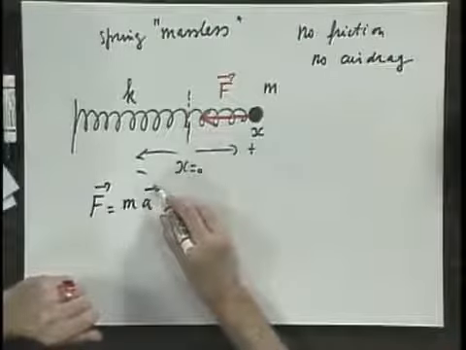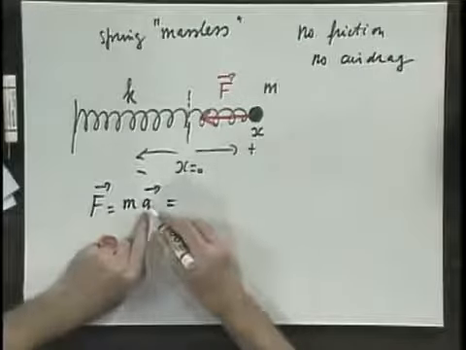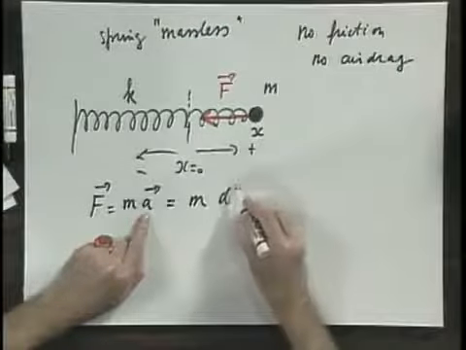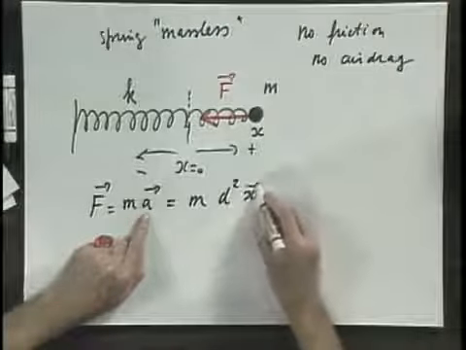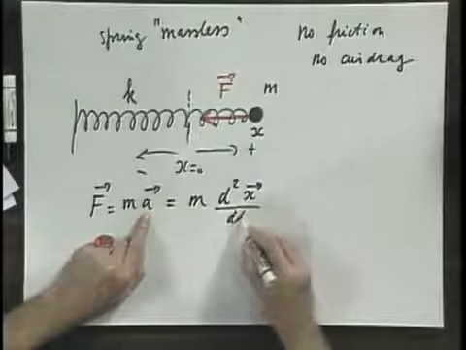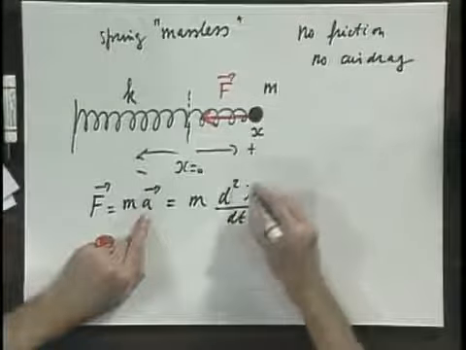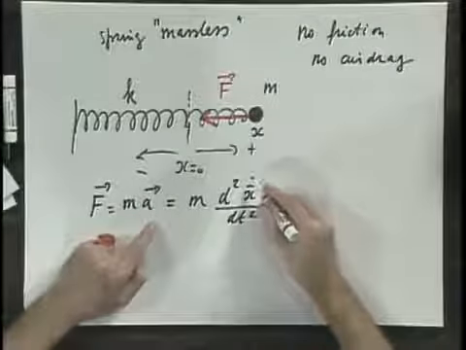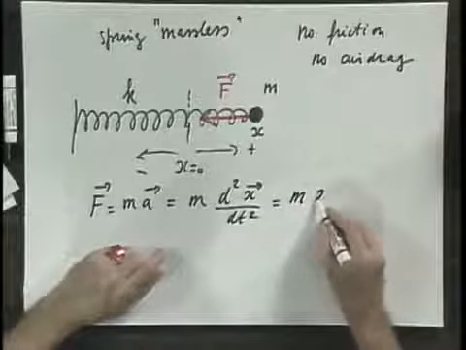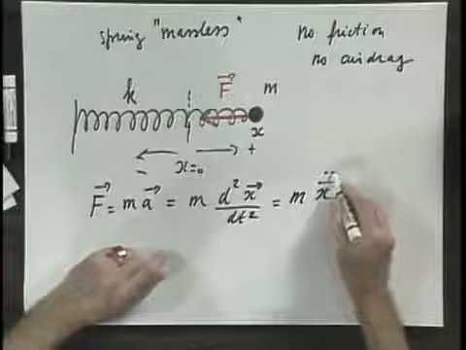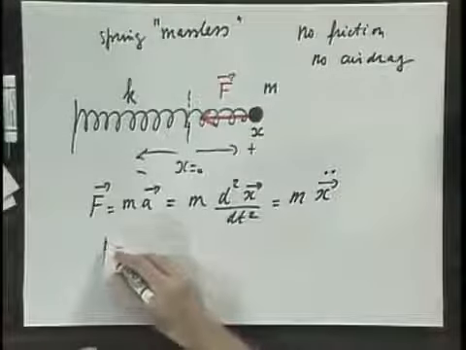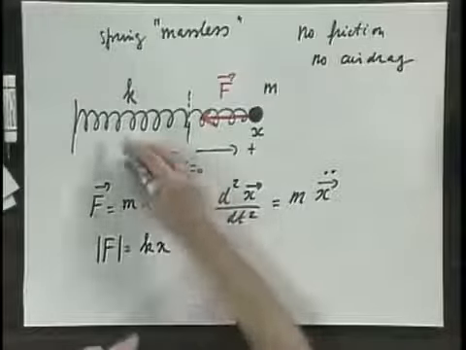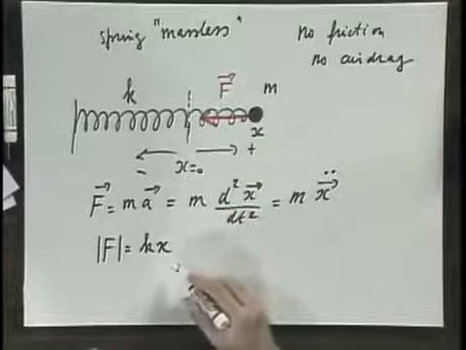A is the second derivative of x versus time, so I can write m times d2x/dt squared, but I prefer to write for the second derivative an x with a double dot, and for the first derivative an x with a dot. So I get m x double dot. Now the magnitude of F equals kx, if it is an ideal spring, if Hooke's law holds.